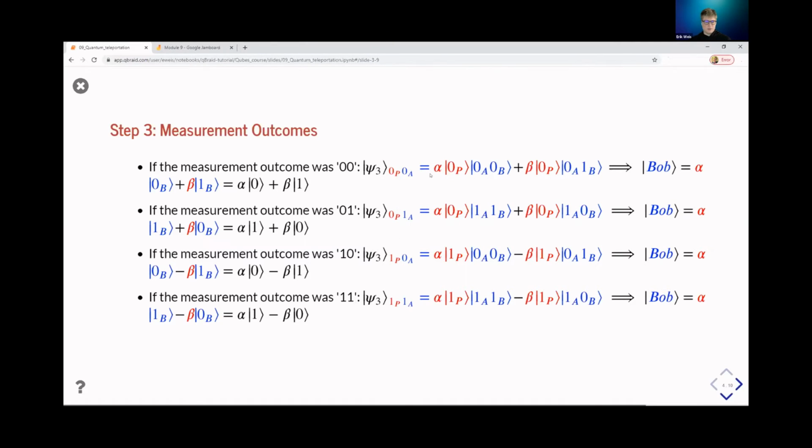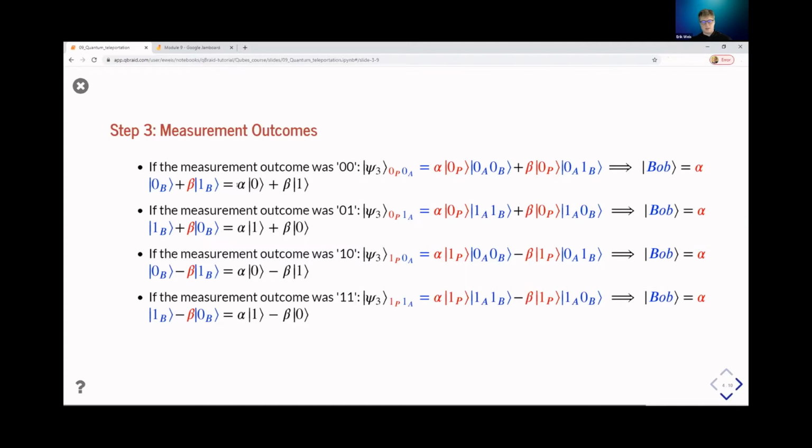Does this make sense? What's really interesting about this is once we've measured the password qubit and Alice's qubit, Bob's qubit is in the state alpha 0 plus beta 1. Alpha 0 plus beta 1. And what's cool about that is that was the whole goal all along.